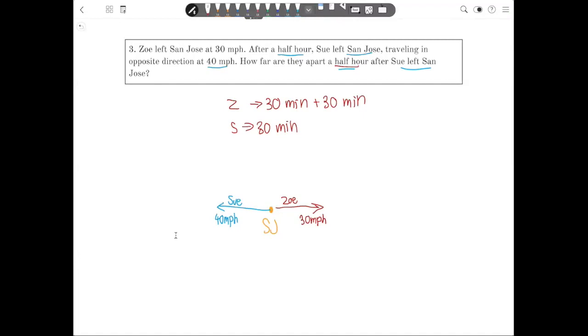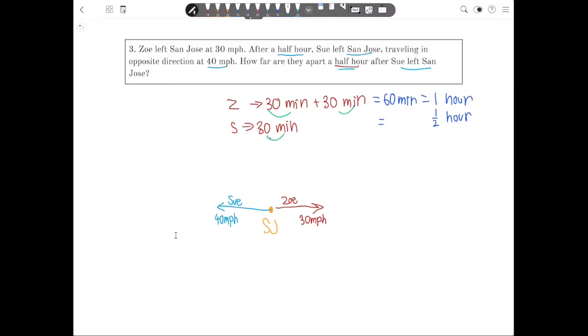Now we can see that Zoe will run a total of 60 minutes, or 1 hour. Maybe I should have just left it in terms of half an hour, but Sue will just have one half hour. Because remember, let's deal with only hours. So 1 hour for Zoe, half an hour for Sue.